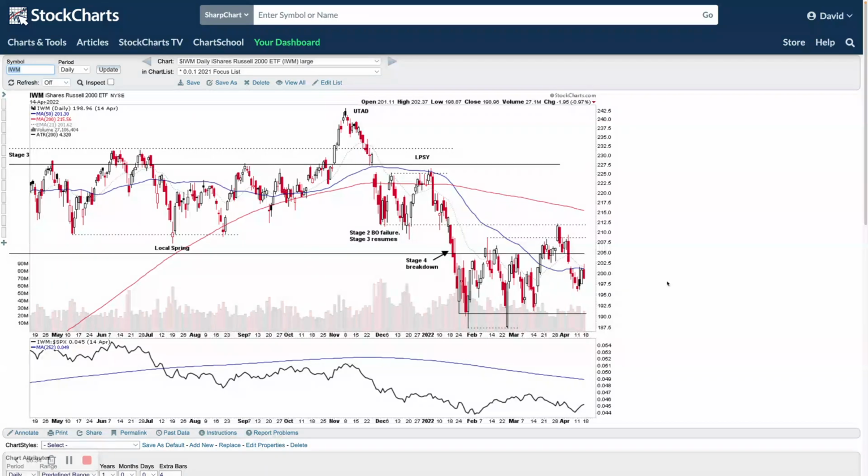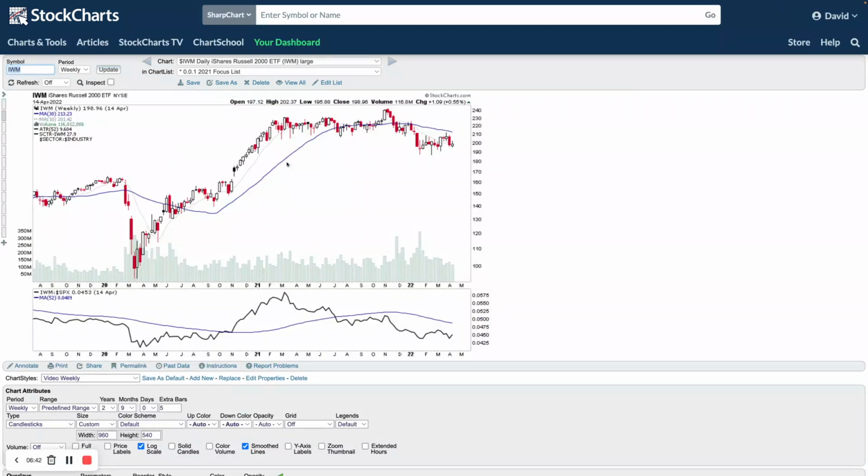So large caps still in favour, and this, as we know, is still in stage 4 here. So we had stage 4 breakdown around this level here. Go to the weekly chart, you can see the broader structure that's formed over time. We broke down into stage 4 here, and we're continuing obviously to form this secondary base underneath in early stage 4.